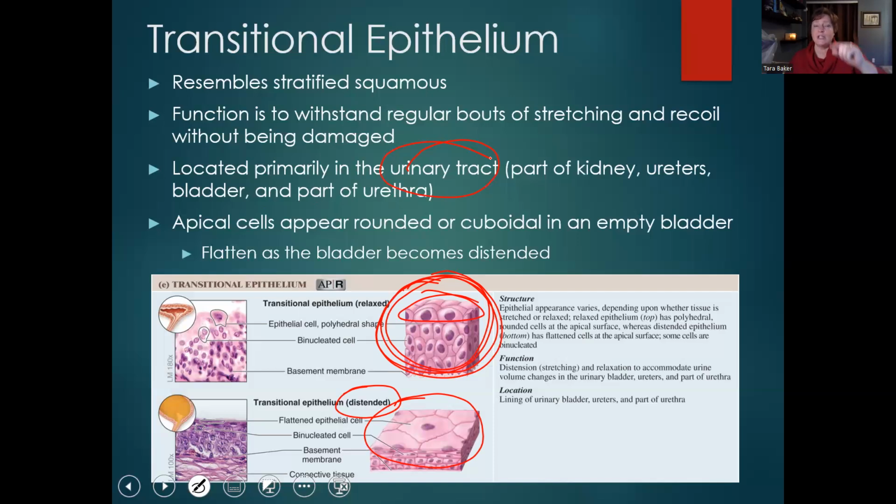I would write down the function, and then I would write down the location where you can find them. Because if it was me, and it is, making up your exam, I'm probably going to have a matching area for this, so that you have to match the function probably or the location with the type of organization of the epithelium.